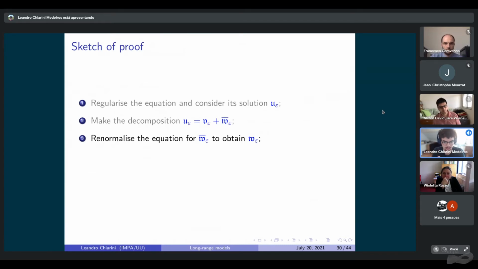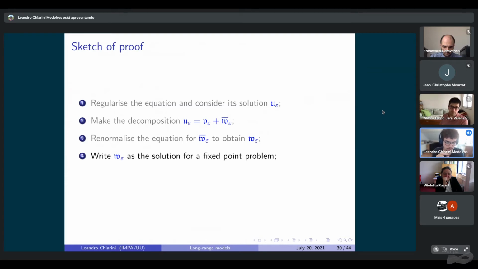Now we're going to somehow change the equation for W epsilon bar to get a new equation for which the solution we're going to denote by W epsilon. And this equation for W epsilon can be phrased in a fixed point kind of argument in a nicer setting, so that we can actually prove that everything converges, that the operator in this fixed point actually maps a certain space into itself, and it has nice continuity properties.